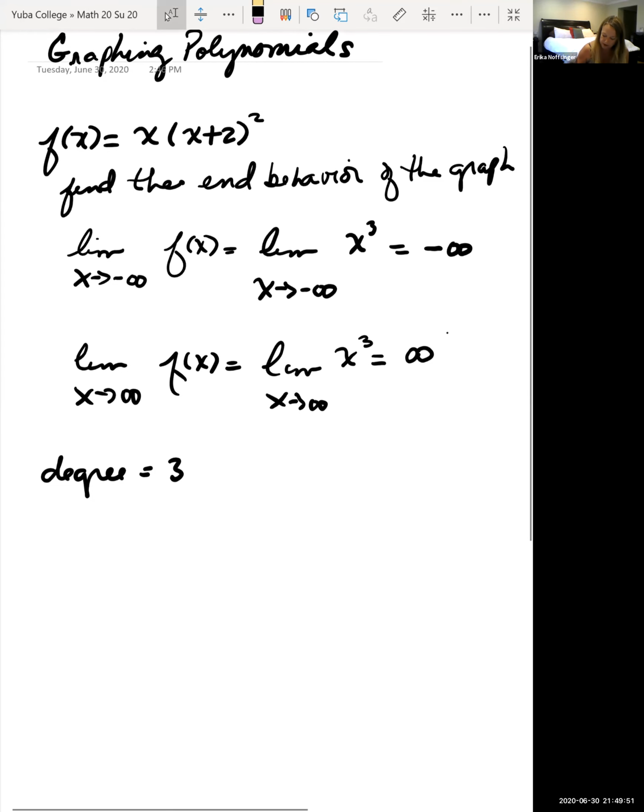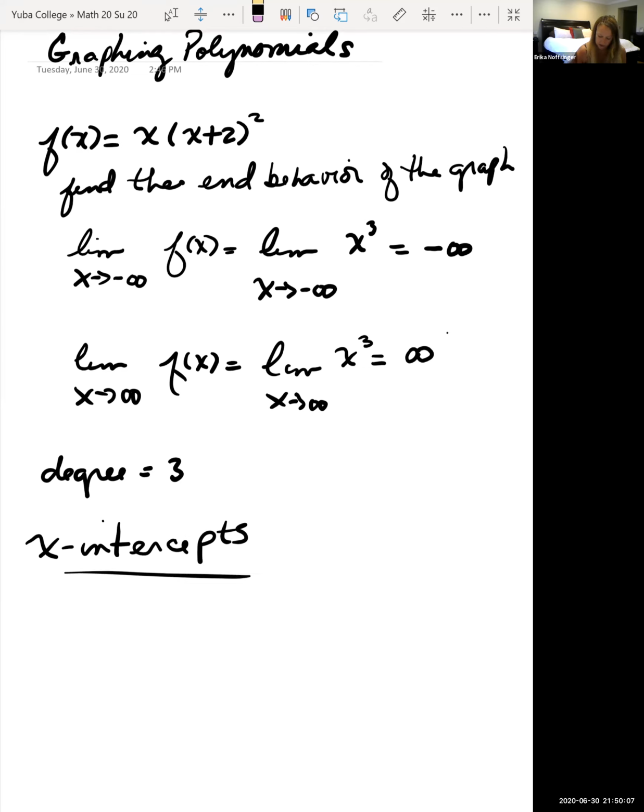You should be able to find your intercepts and state the multiplicity and know what's happening at the x-intercepts, if it's crossing or just touching there. So the x-intercepts are when f of x equals 0. It's nice because it's already factored for us.